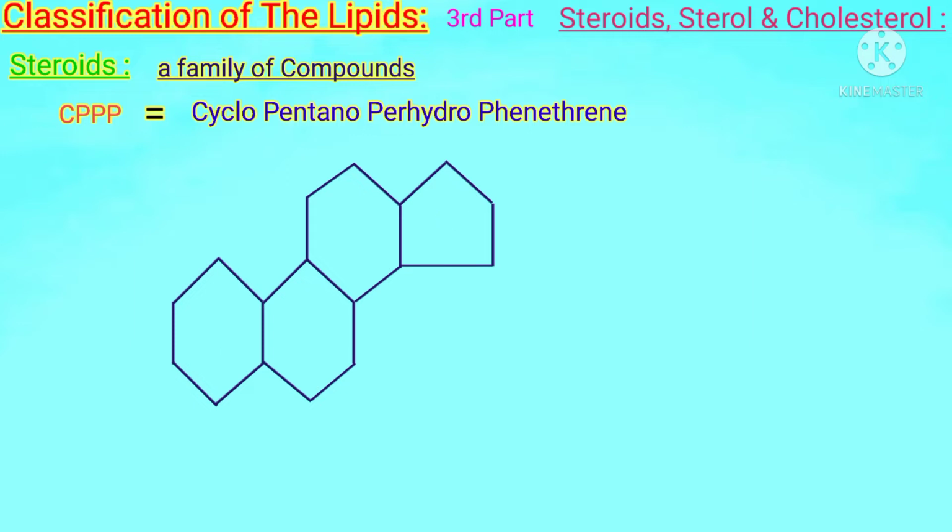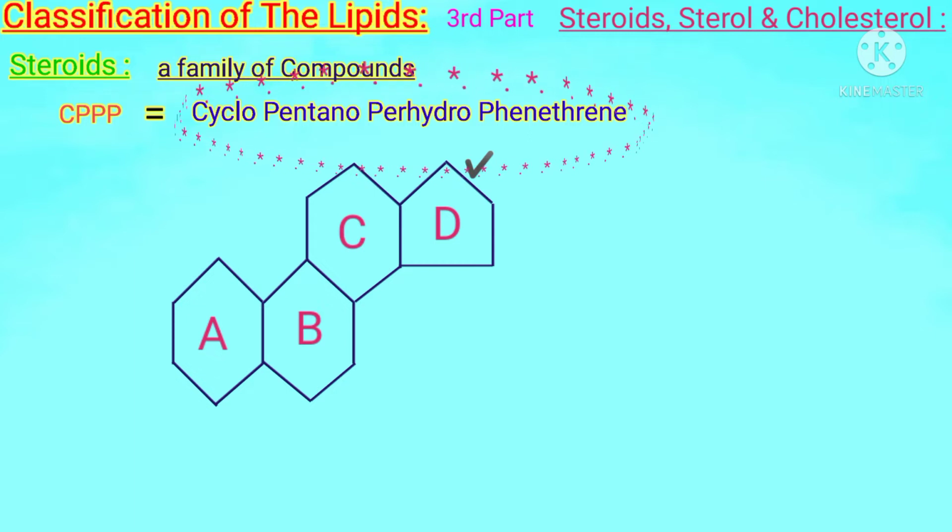You can name them A, B, C and D rings. Students, this five-cornered ring is called pentano. As pentano is present in cyclic form, we can call it cyclopentano perhydrophenanthrene. Cyclo stands for cyclic form, pentano because it has five carbons.